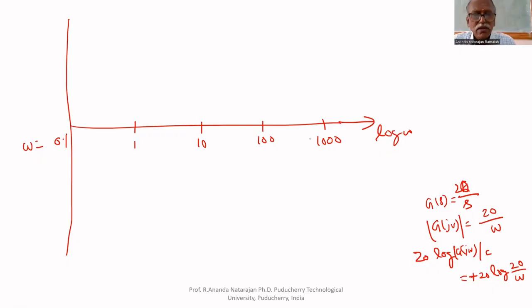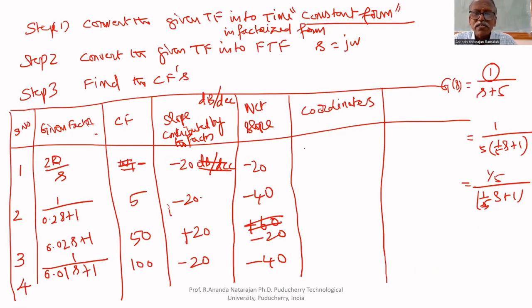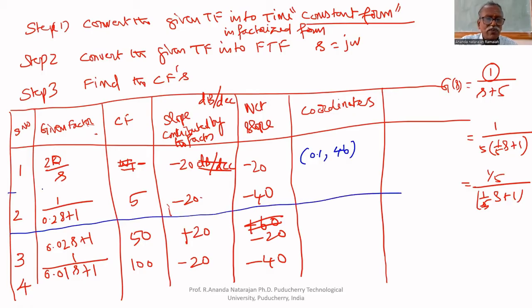The value is 46. Okay, 46 is correct. The y coordinate is 46. What is the x coordinate? 0.1. So 0.1, comma 46. I got the coordinate. Now let us find the second coordinate, the coordinate for this row. First we found the coordinate for the first row.